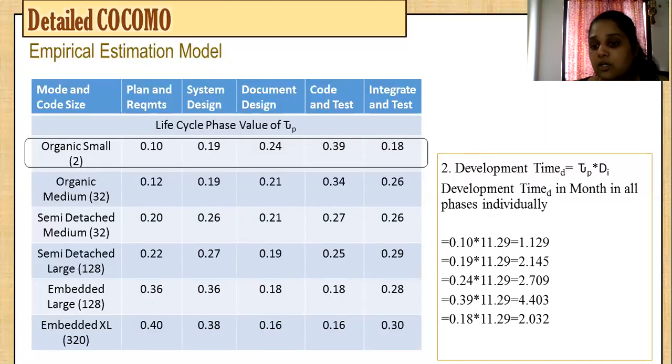So this 11.29 you are going to multiply with individual phase development time. So development time for planning and requirement is going to be 0.10. So 0.10 into 11.29. Next is 0.19 into 11.29, 0.24 into 11.29, 0.39 into 11.29, and 0.18 into 11.29. So these are all the development time in months required for completing the whole project, phase wise.